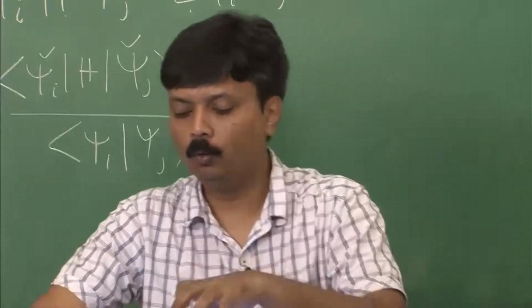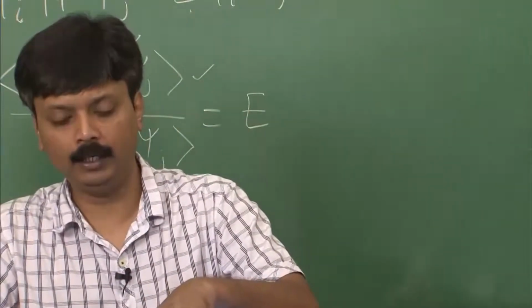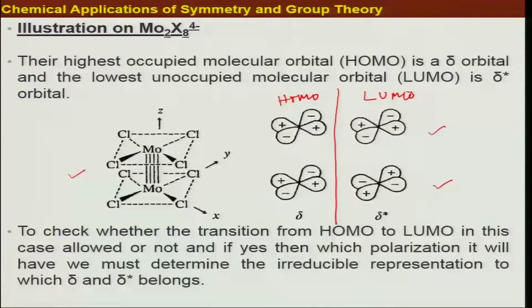Since we have the detailed picture of delta and delta star, we can find this out. We have to operate all the symmetry operations for the point group to which this molecule belongs on this HOMO and LUMO and get the representation.